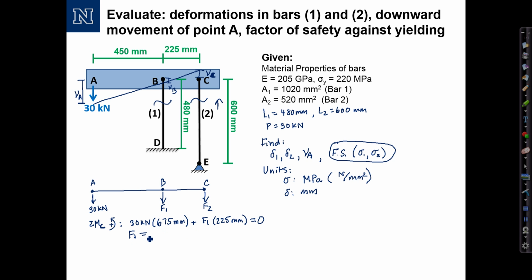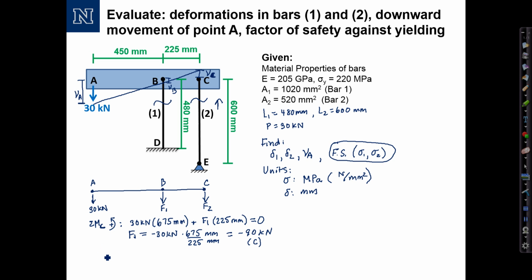Solve for F1 equals negative 30 kilonewtons times 675 divided by 225, millimeters over millimeters. Those units cancel out, and we get negative 90 kilonewtons. The negative 90 tells me that F1 is really a compressive force.